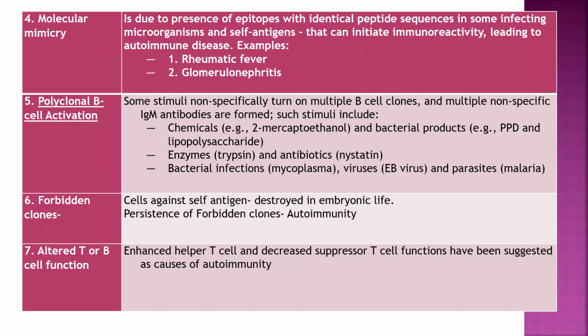Molecular mimicry is due to presence of epitopes with identical peptide sequences in some infecting microorganisms and self-antigen that can initiate immune reactivity leading to autoimmune disease. Example, rheumatic fever, glomerulonephritis. Polyclonal B cell activation. Some stimuli non-specifically turn on multiple B cell clones and multiple non-specific IgM antibodies are formed.